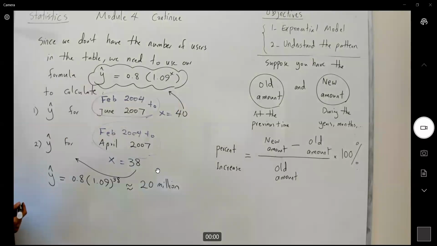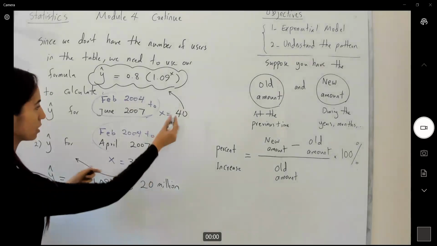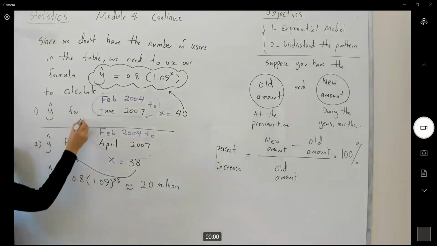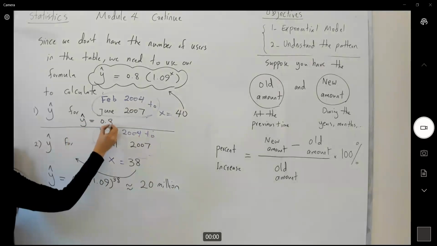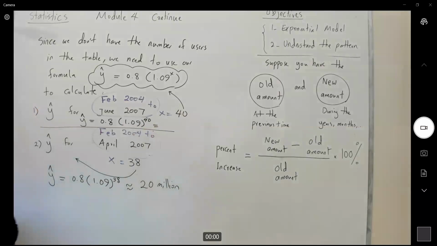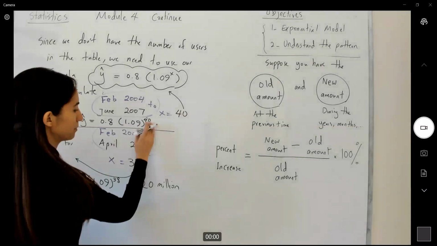You want to find your Y hat. Very good, about 25 million. So here, let me just separate these. Your Y hat is equal to 0.8 times 1.09 to 40, which is equal to about 25 million.